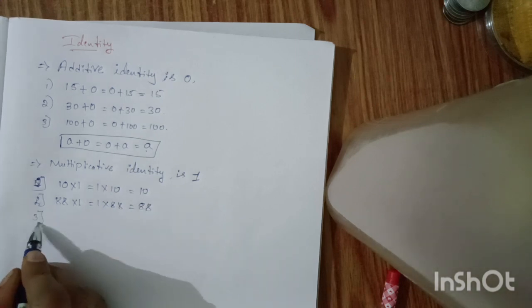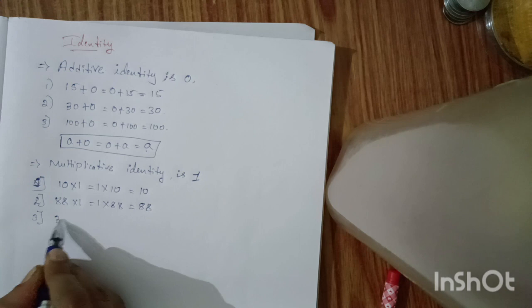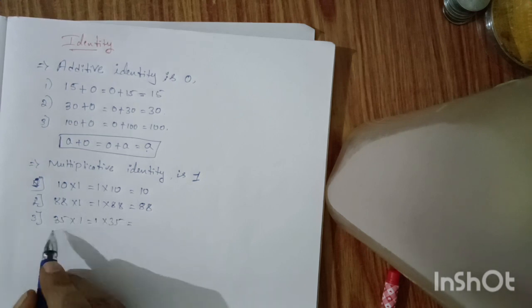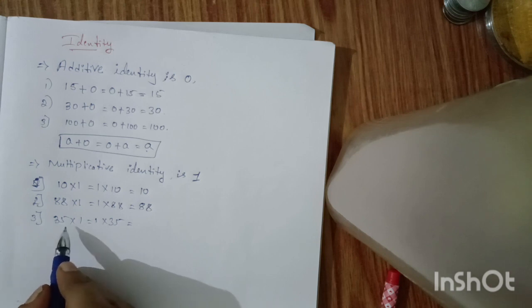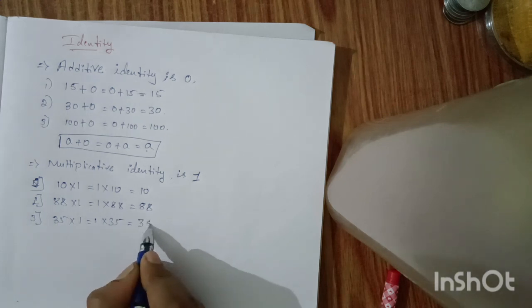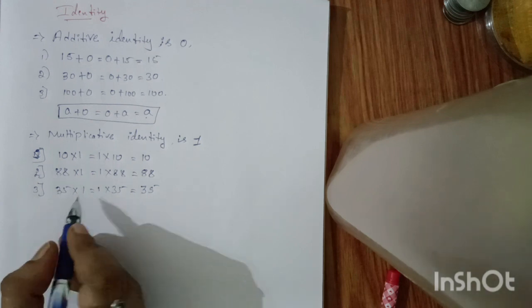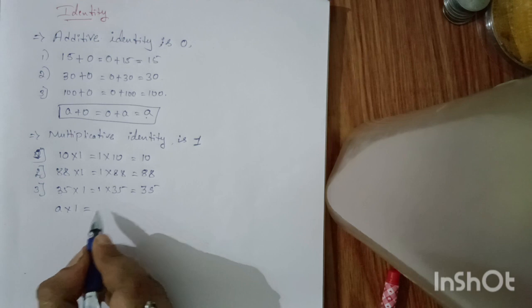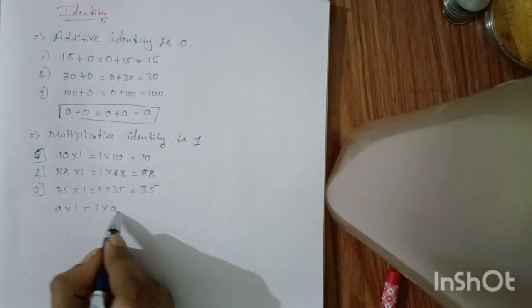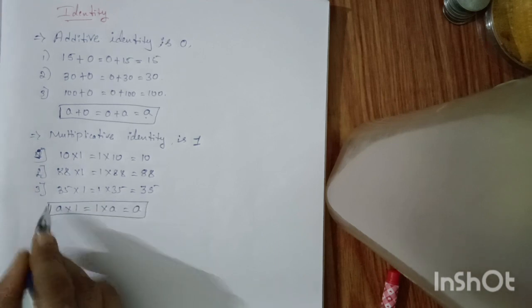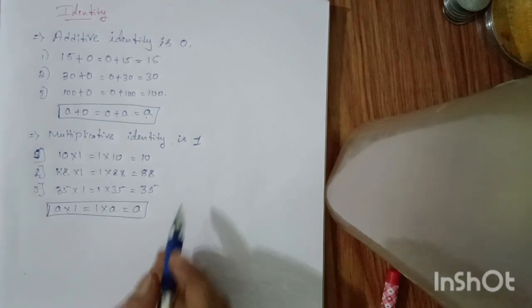Another example, take 35 into 1 or 1 into 35. It means if we multiply any number with 1, we get the number itself. So generally we can write it as a into 1, or 1 into a, we get a only. So this is the multiplicative identity, that is 1.